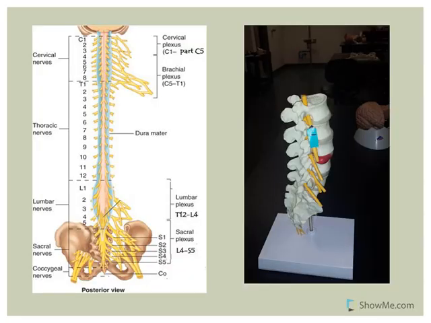What I want to start with is looking at the spinal nerves. The spinal nerves are named because they emerge from the spinal cord. They exit via the intervertebral foramen, which are openings in between the vertebrae. In the picture on the right, here is the first lumbar vertebra, here's the second lumbar vertebra, and right here is a lumbar spinal nerve.